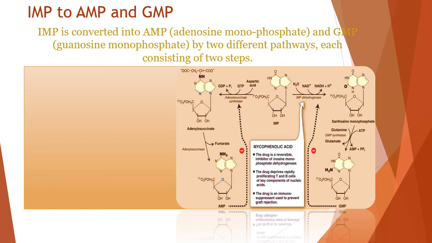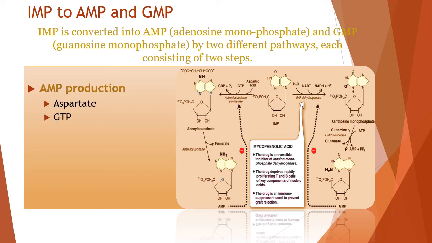Then the third phase of purine de novo biosynthesis is the conversion of IMP either to AMP or GMP. Whether IMP has to convert into AMP or into GMP, these are two separate pathways, and both require two different steps.